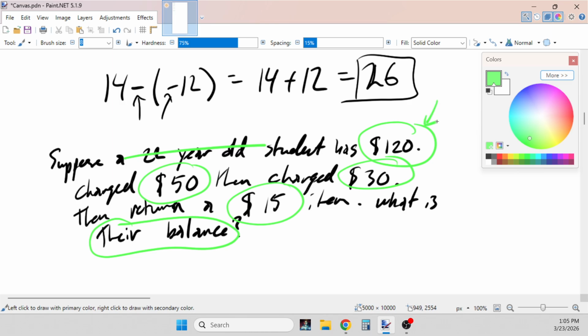If this is the starting value, and it doesn't say it's a debt, it says that they have that much money, this will be positive. On the other hand, withdrawals and charges are going to be negatives. The return is going to give a credit, which is going to be positive. So we write this as 120 minus 50 minus 30 plus 15.